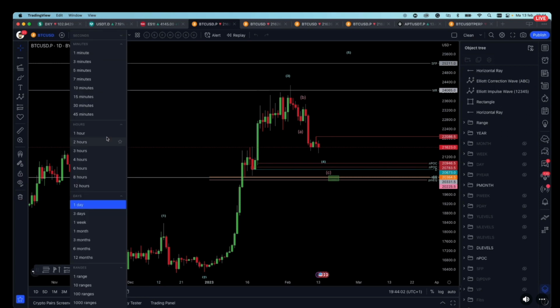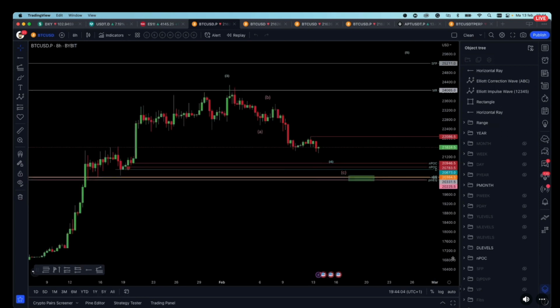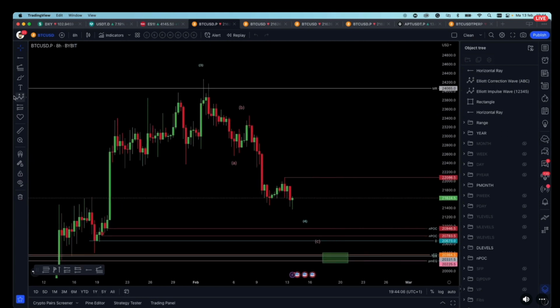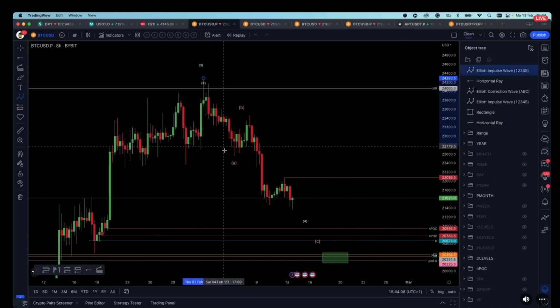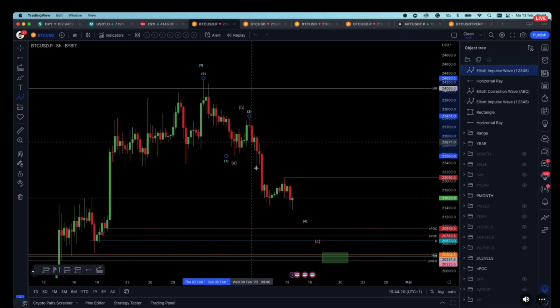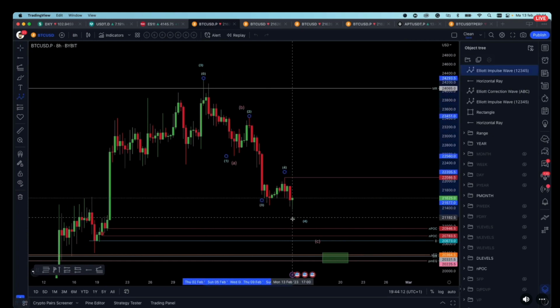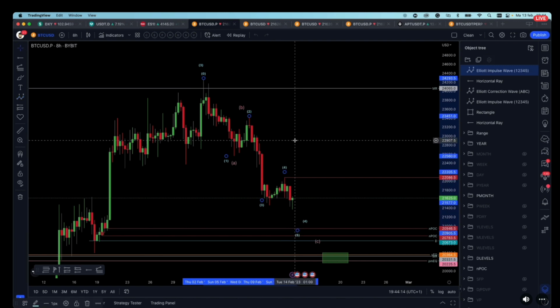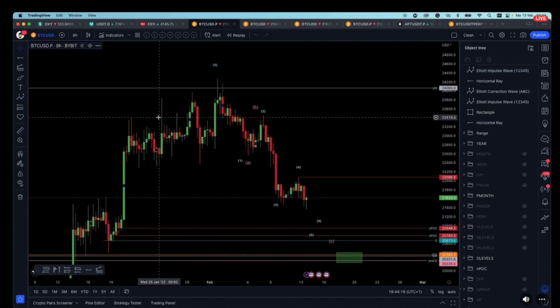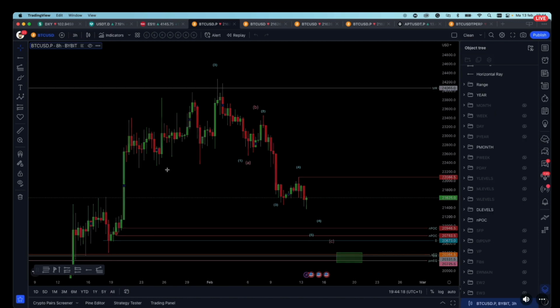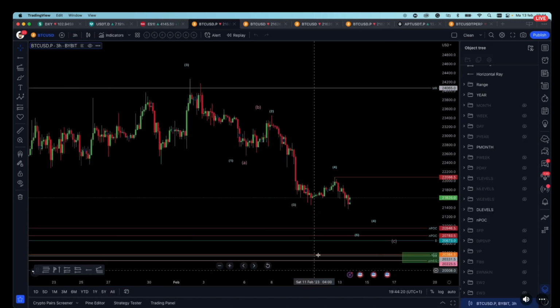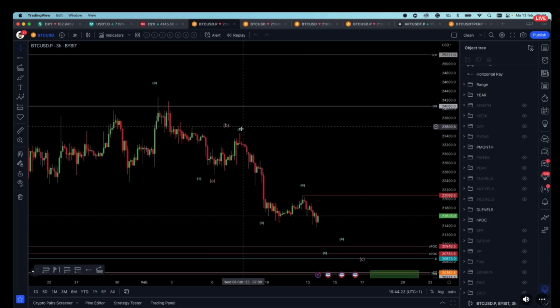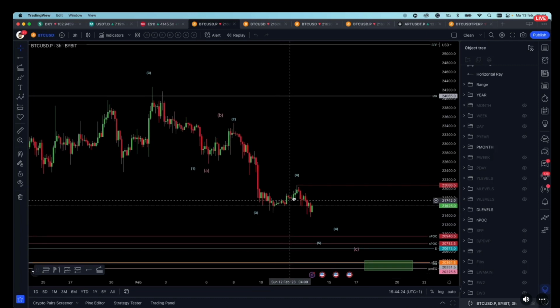Another count that is possible is, of course, that this is 1, 2, 3, 4, and then 5 lower. But the problem with this is this is sharp, and this is also sharp.